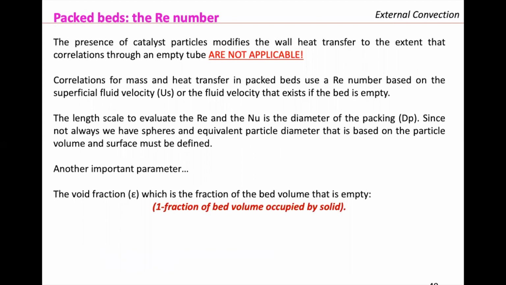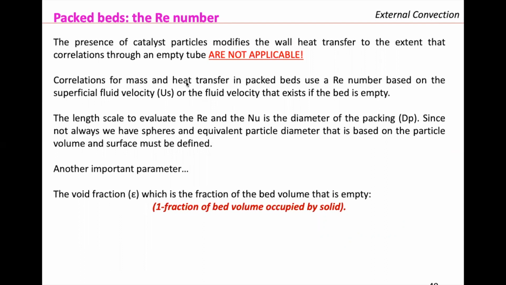Again, we need to realize how to calculate the Reynolds number. As you saw for tube bundles, the Reynolds number calculation becomes different because now we need to know the maximum velocity in the bank. Well, here in packed beds it is going to change also how we calculate the Reynolds number, because the presence of the catalyst particles or the packing modifies the wall heat transfer to the extent that the correlations through an empty tube are not applicable.